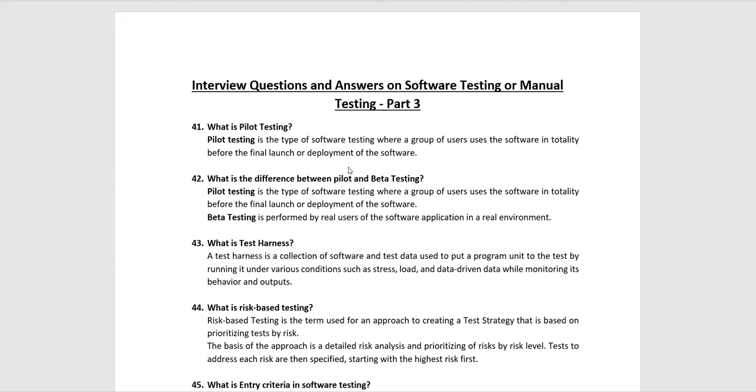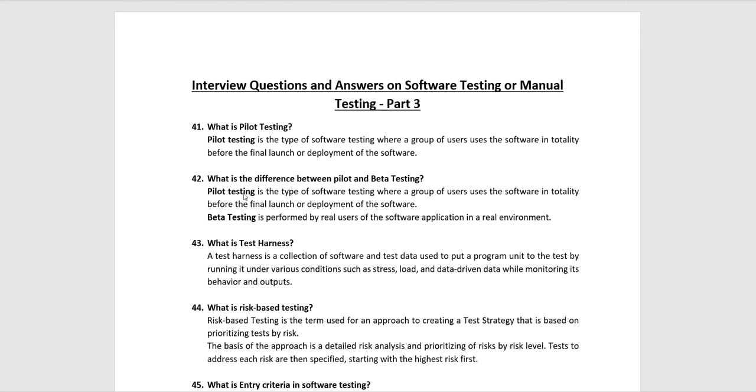As the name suggests, pilot testing is done before the deployment of the software. A group of users uses the software and tests the end-to-end functionality of the product. So this is nothing but pilot testing.